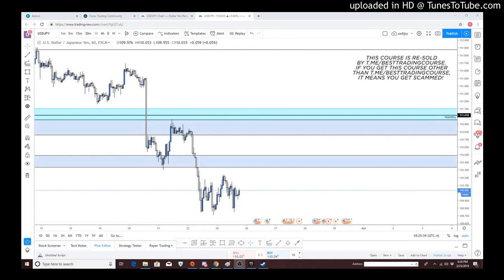What did price do when it hit this level? It rejected, went back up, came back down, tested it again, went up, but met resistance. So what happened? It hit the roof, came back down, hit the roof again, and most likely we're going to see continuation back down.